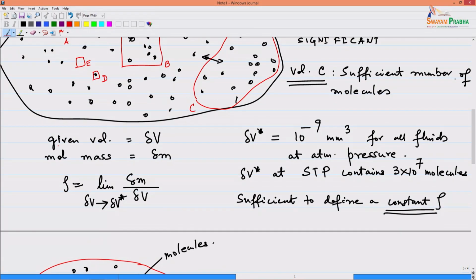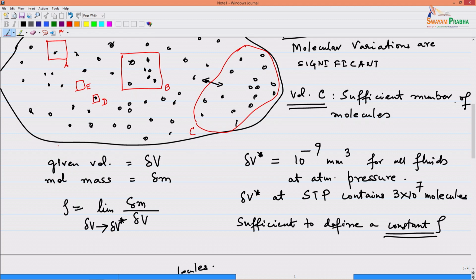So, we had to define a certain volume, and we found that that volume for atmospheric pressure is about 10 to the power 9, for all fluids, and it contains nearly 3 into 10 to the power 7 molecules all the time. So, this is sufficient to define a constant density. So, density is a summation of the molecular masses of a group of molecules over a certain volume, and the number of molecules and volume are standard values.